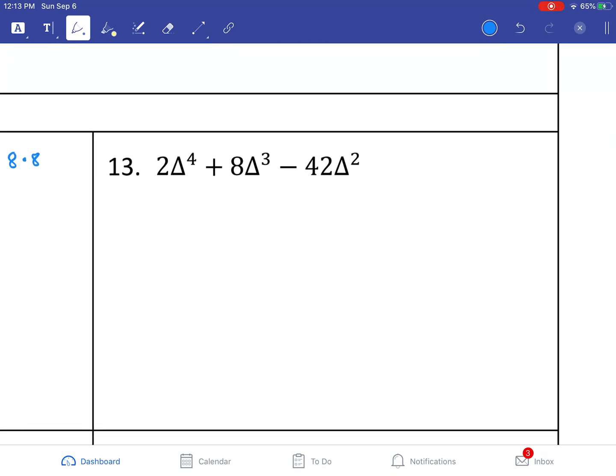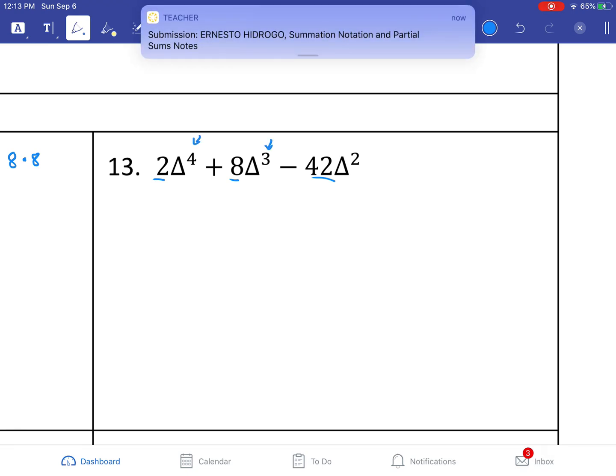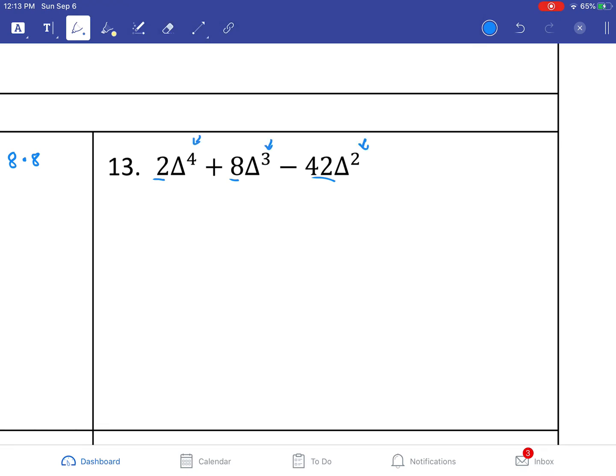Again, you go through your head. What can you do with this? Well, every term here is an even number, which means they're all divisible by at least 2. Okay, and then you have 4 triangles, 3 triangles, and 2 triangles. So we're going to take out a 2 and 2 triangles. Okay, we're left with then triangle squared plus 4 triangle minus 21.